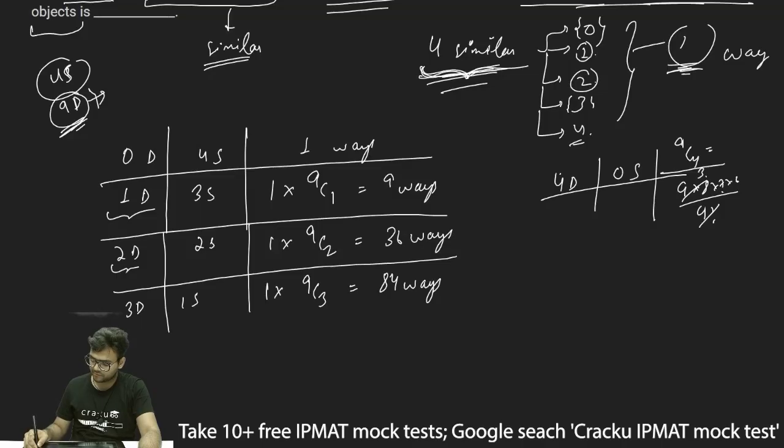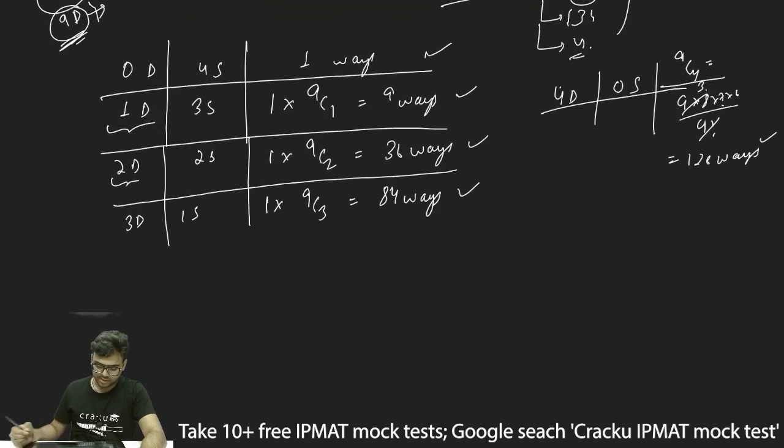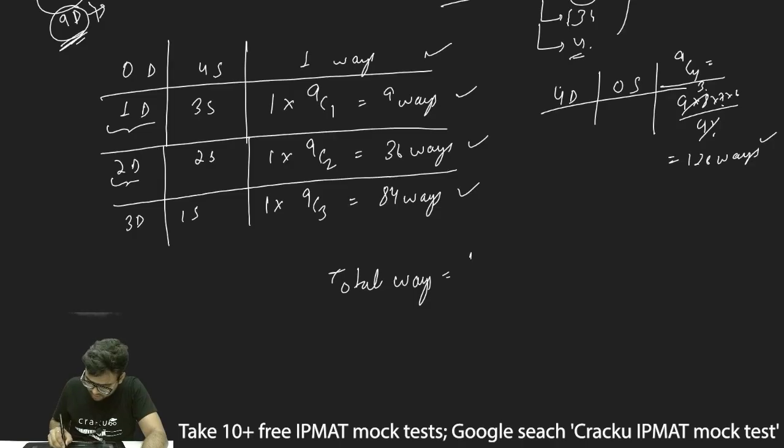So this is 3 into 7, 21 into 6, which is 126 ways. So these are the number of ways of selecting 4 items out of those 13 items, where we can choose 0 distinct, 1 distinct, 2 distinct, 3 distinct, or 4 distinct items, and therefore the total number of ways will be 1 plus 9 plus 36 plus 84 plus 126.